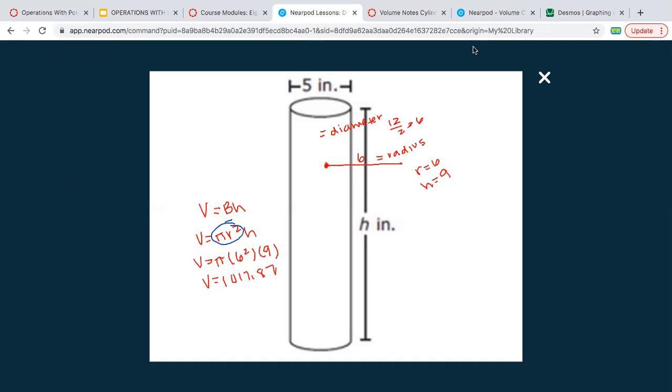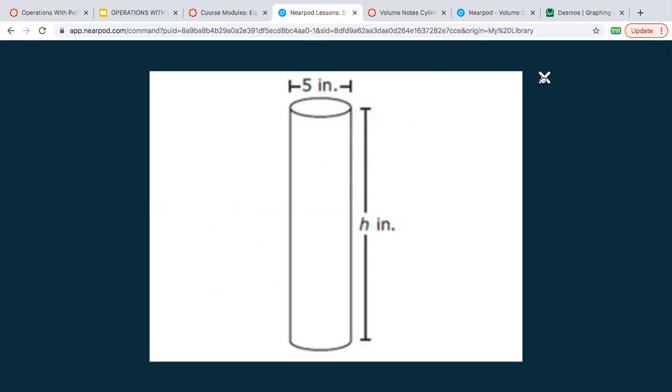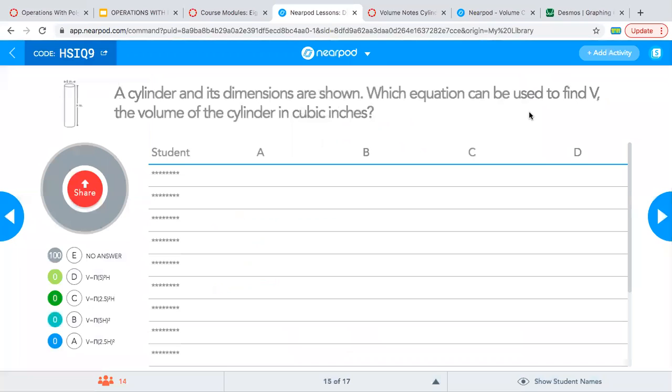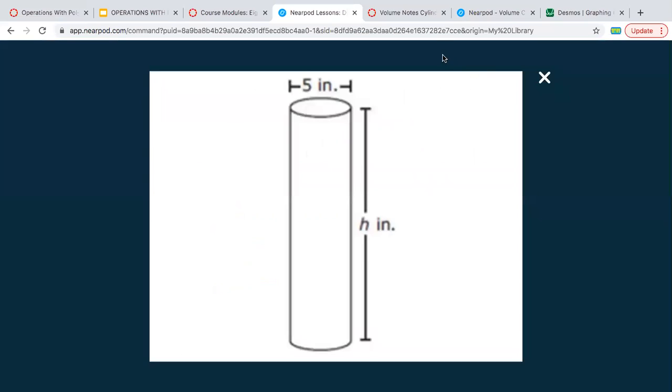Let me clear this off. I think the question is asking which equation can be used to find the volume of the cylinder. Automatically on these problems, do not just guess and look at the answer choices. Do it out. What does 5 represent? The diameter. So what's the radius? 2.5.